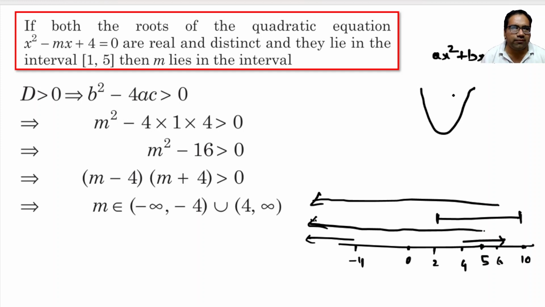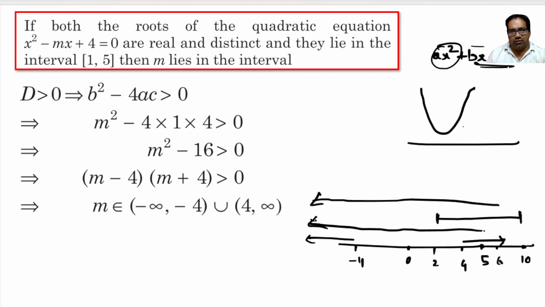We already know this. Why? Because when x is large, this ax square will dominate. These two terms will become very small when x becomes very large, like 100 or 1000, and this will dominate. And that's why the overall expression will be positive. So it will face upwards.